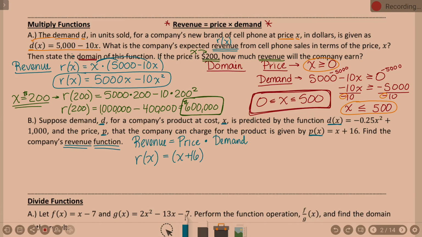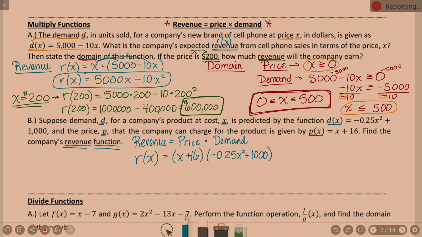Don't miss the 1,000 over there, right? Okay, so demand: negative 0.25 X squared plus 1,000. Sorry, I should have reformatted that so it ended up all on the same line. Okay, guys, there's your revenue function.